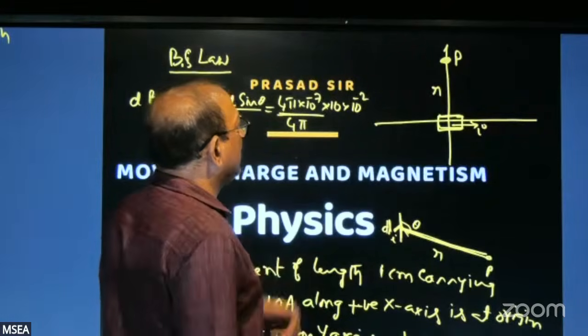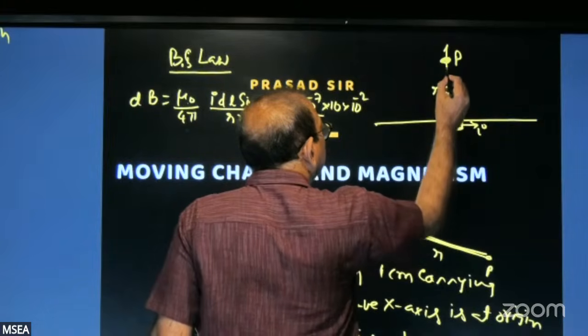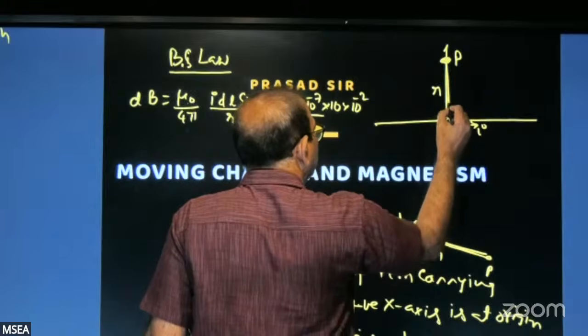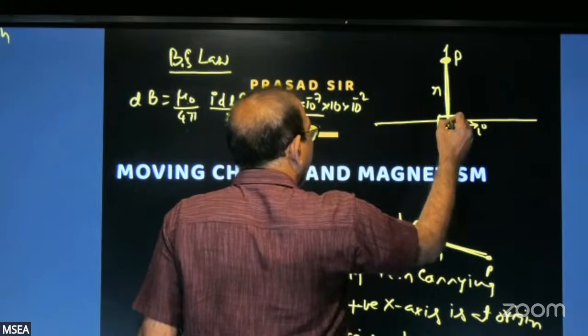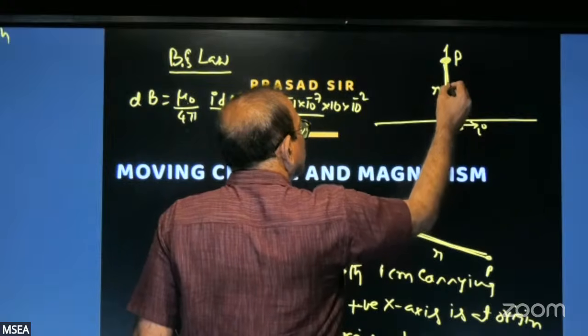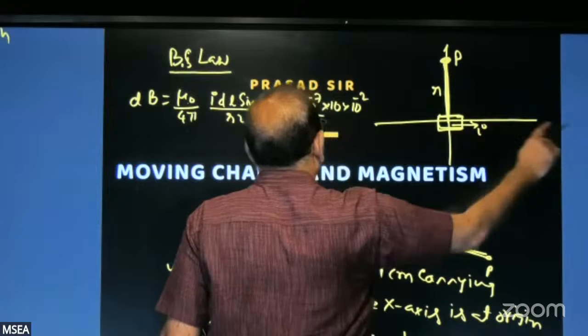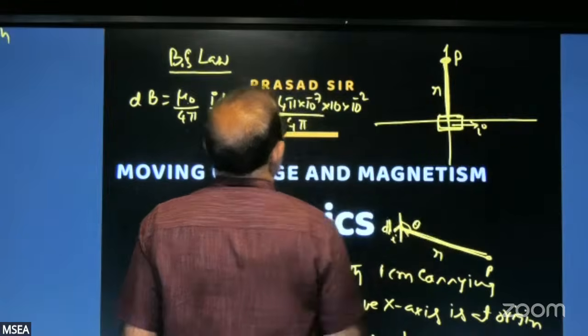Theta is the angle between this radius vector line, this position vector line, and direction of current. Angle made by this position vector line with the direction of current, current is along positive x-axis, is 90 degrees.